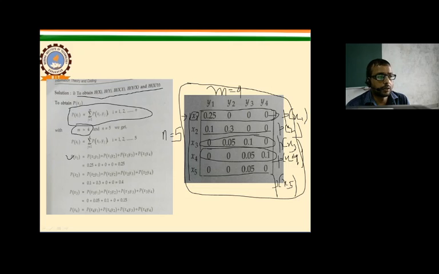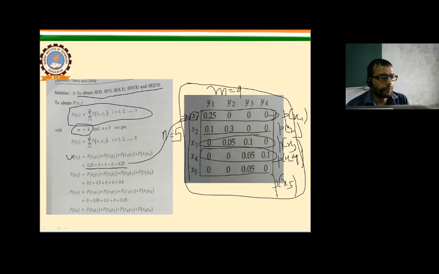Here we add the elements of the first row, 0.25 plus 0 plus 0 plus 0, and we get 0.25.